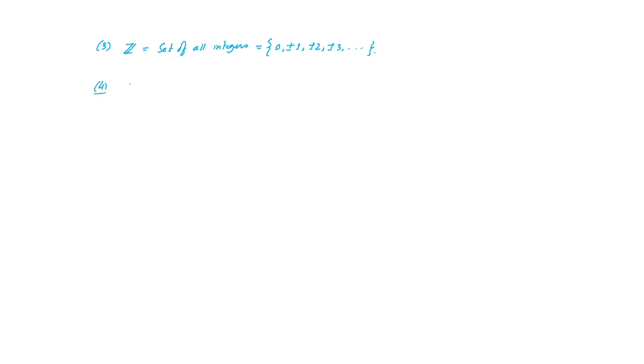Next, the set of all rational numbers is represented by Q. Q is basically the set of all rational numbers. And this is basically of the form p by q, where p and q are integers with q not equal to 0.